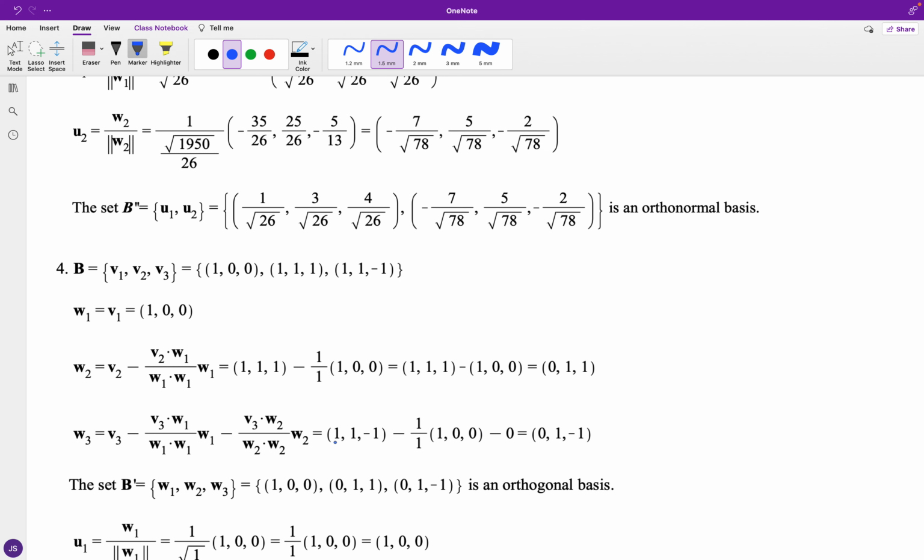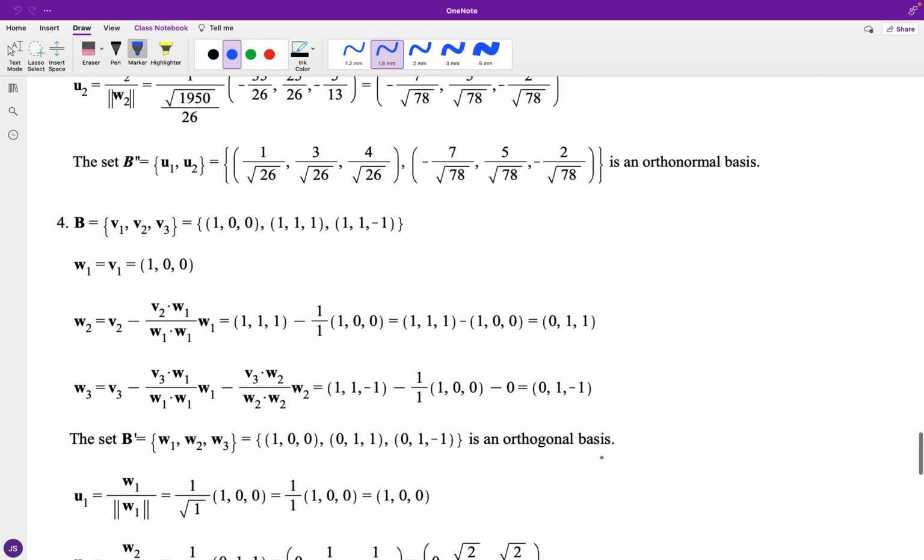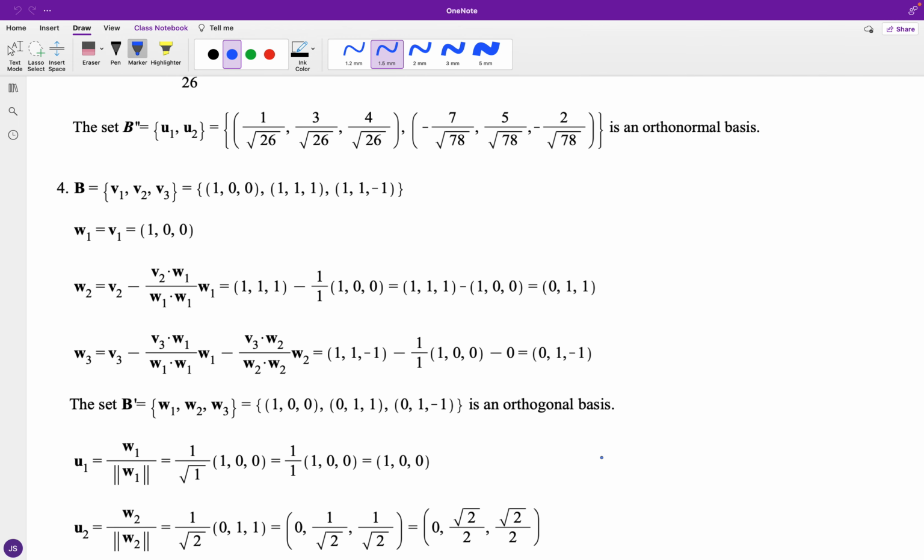And so we can say we have 1, 1, negative 1 minus 1, 0, 0, and that's going to come out to 0, 1, and negative 1. And so for this particular set, W sub 1, W sub 2, W sub 3 with 1, 0, 0, 0, 1, 1, and 0, 1, negative 1 respectively, that is going to form an orthogonal basis.